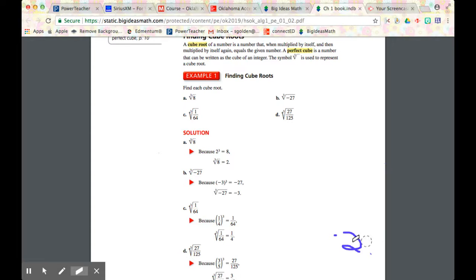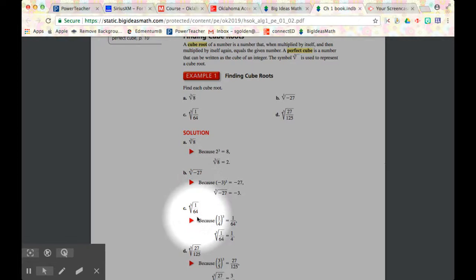Okay, on C we have a fraction. It says the cube root of 1 over 64. You can think of it as putting that cube root on top and doing the cube root again on the bottom. You keep them separate from each other. Over here it says we know 1/4 to the third power equals 1 over 64, so they tell us that the cube root is 1 over 4.